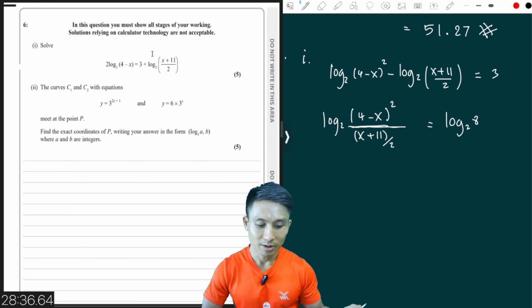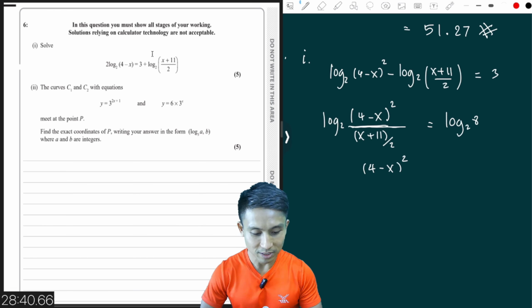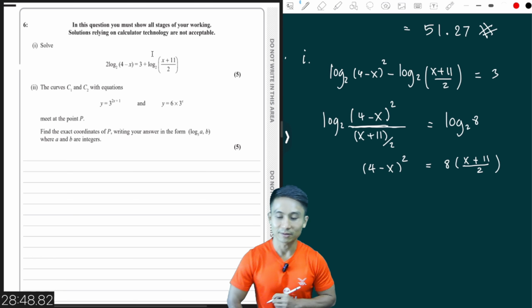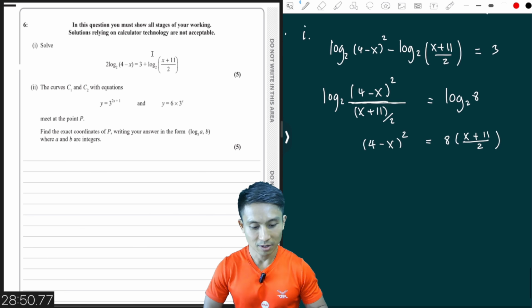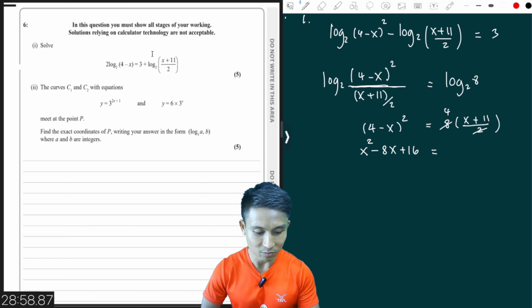Okay. So that means we can take out the equation and say this. This is basically 8, and we move x plus 11 over 2 to the other side like that, and we can cancel 2 and 8, we get 4 here. So if we expand this, we get x squared minus 8x plus 16 equals 4x plus 44.